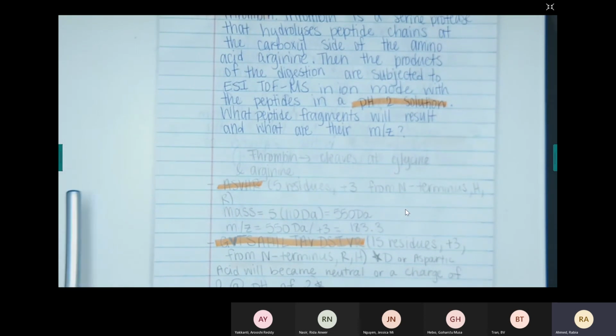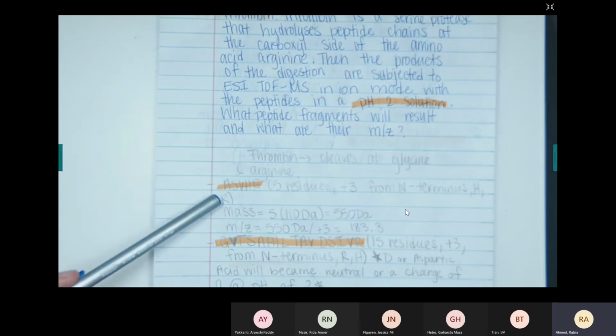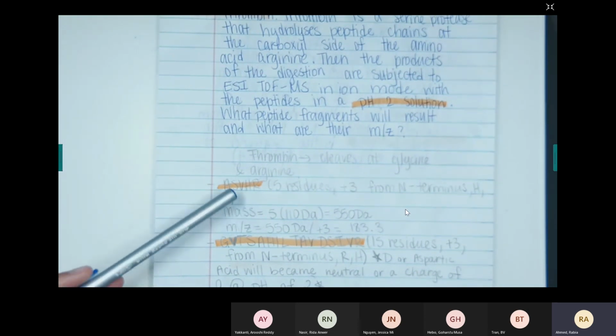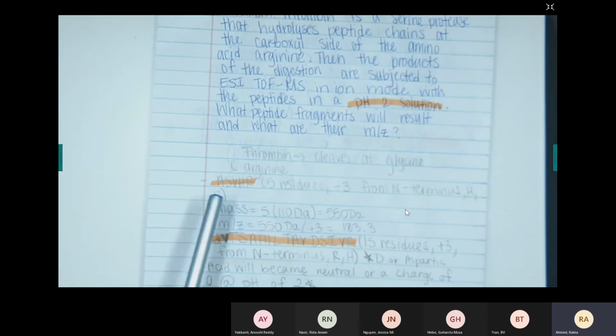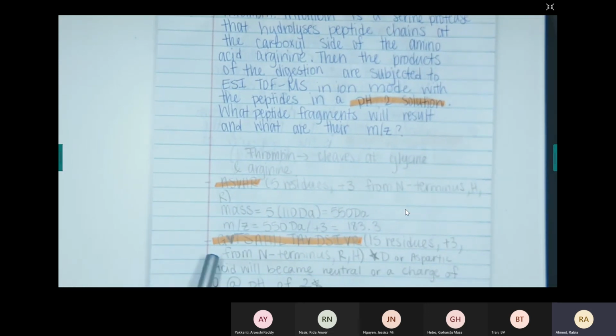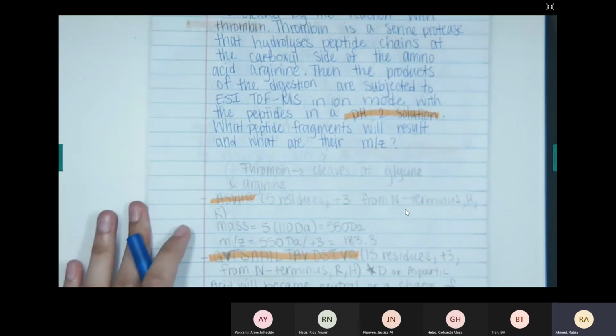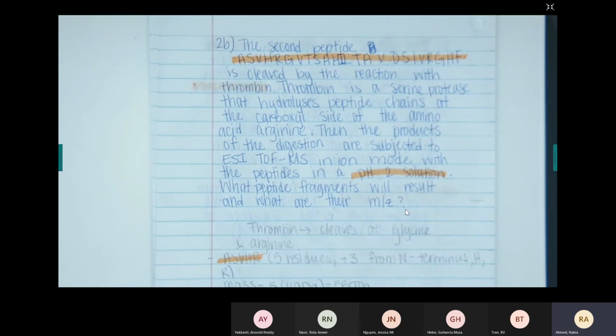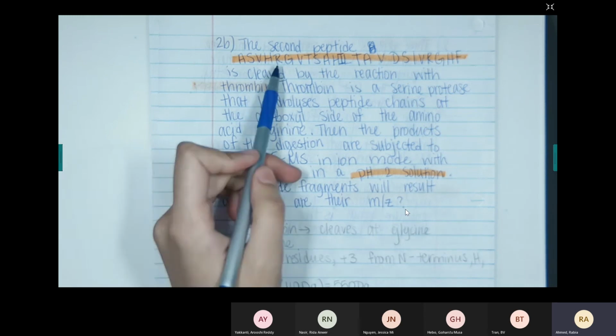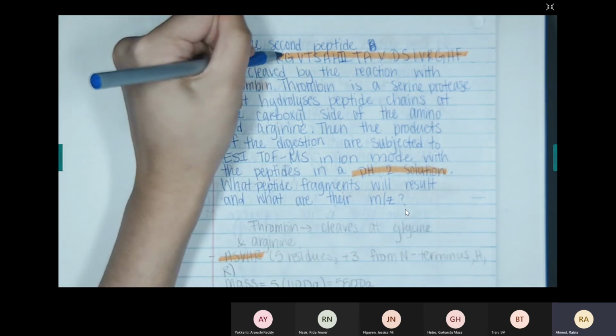I have done exactly that. So the first one is ASVHR. R is arginine, and then G is glycine. So I'm going to cut it here.